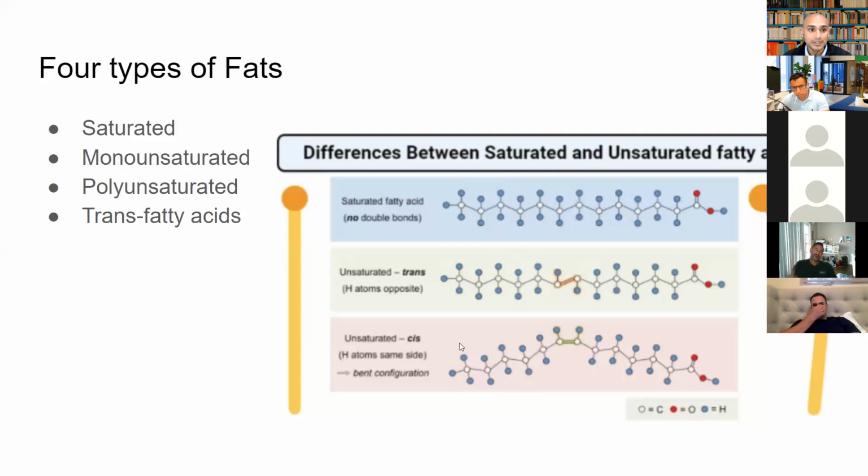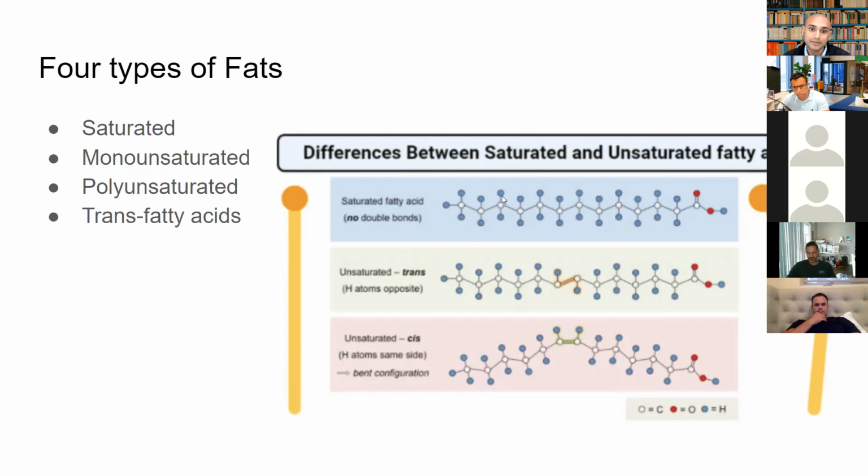So why is it so key that I always talk about reducing your saturated fats and focusing on monounsaturated and polyunsaturated? Well, what they really are, and I apologize for the resolution of this graphic here, it just refers to the saturation of the fatty acids with hydrogen bonds, right?